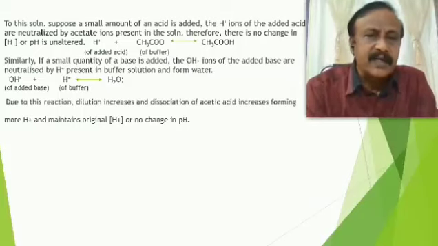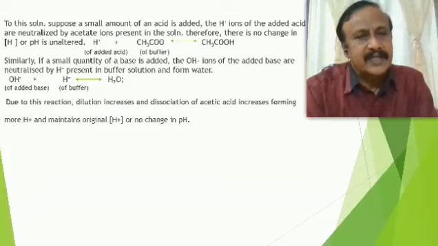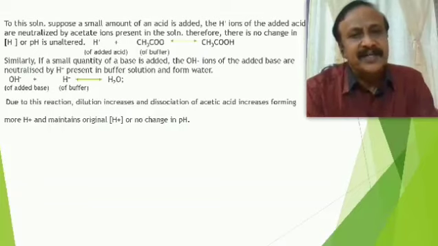When base is added, the OH minus ions of the base are neutralized by H plus ions which are there in the buffer to form water. So like this, the buffer undergoes internal adjustment and maintains the constant pH value, or H plus remains constant as it was before the addition of acid or base.